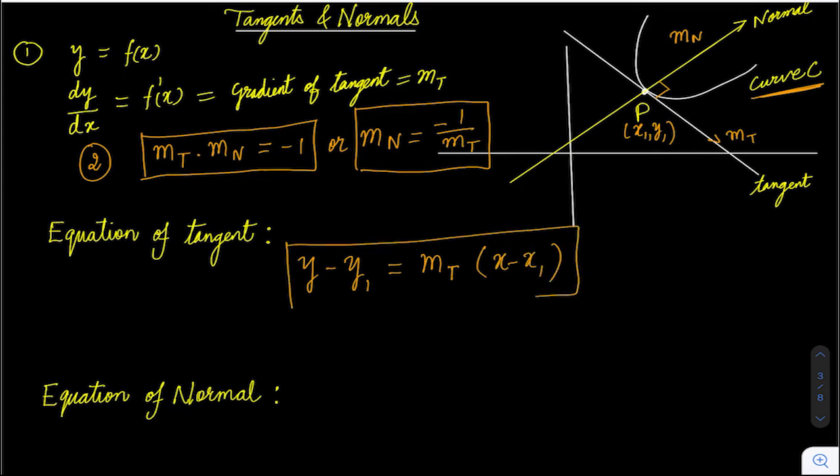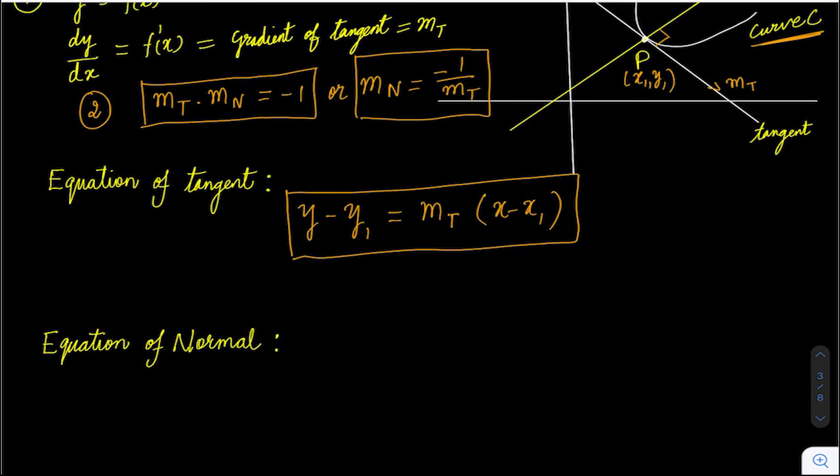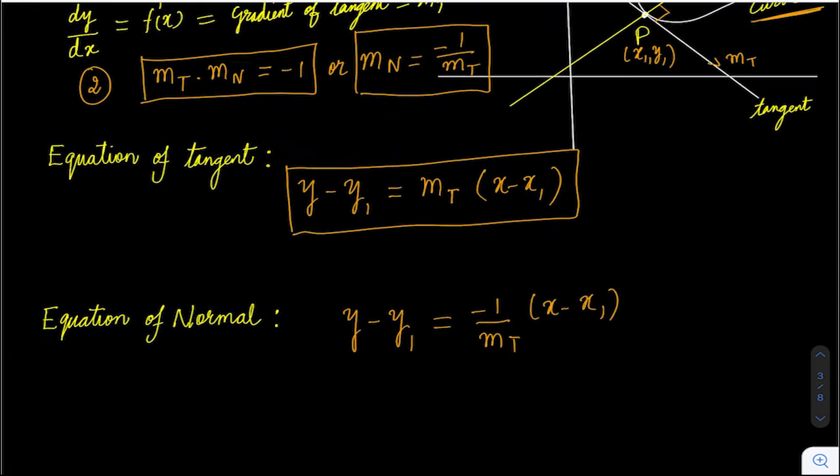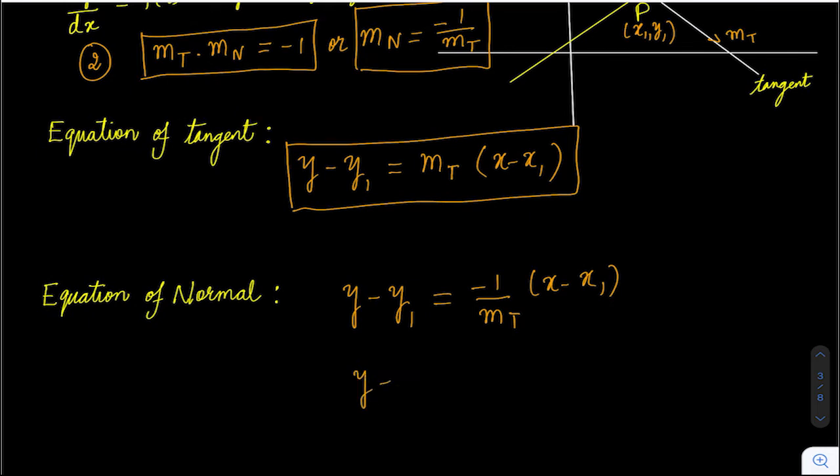Similarly, my equation of normal will be y minus y1 is equal to the gradient of normal, or you can write the negative reciprocal of the gradient of tangent. That's the same thing as we already discussed. Whichever way you like, both are same. So these are the three things.